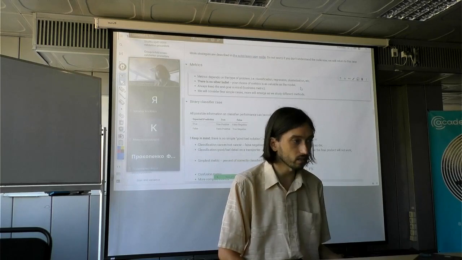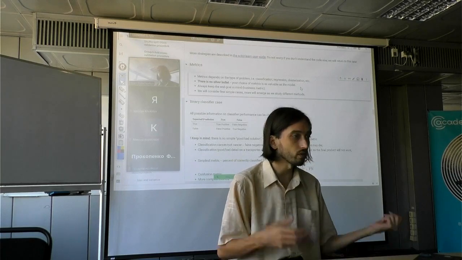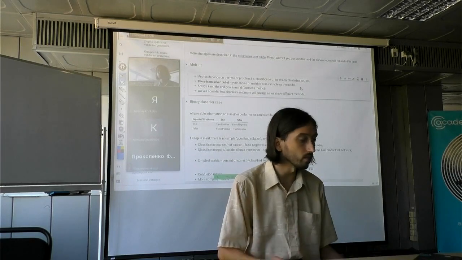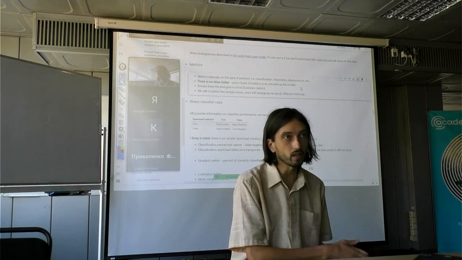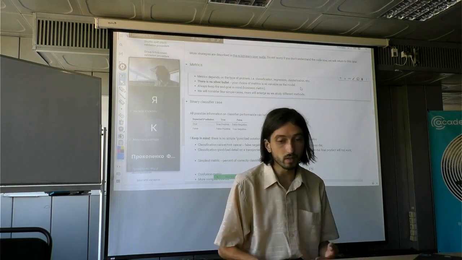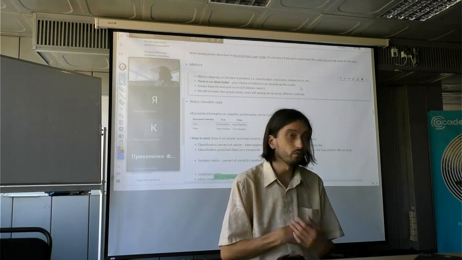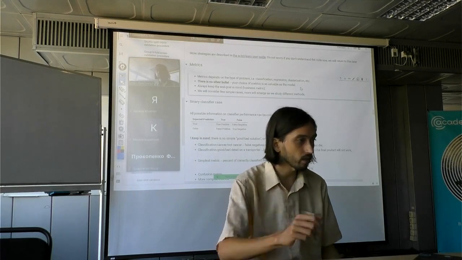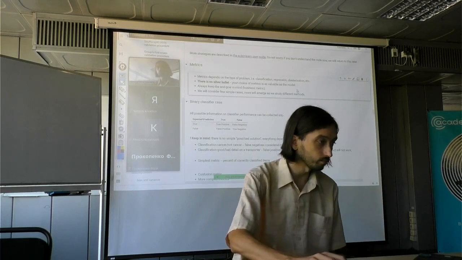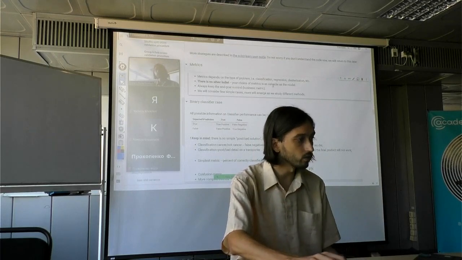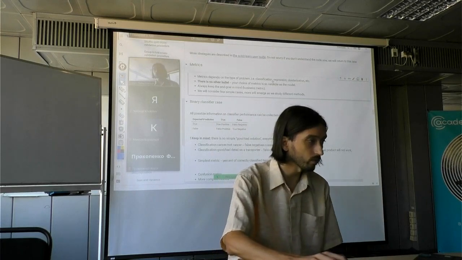For example, for neural networks, you are writing some sort of loss function, and if you don't write that loss function good enough for your problem, you wouldn't get the result you expect. So you need to find a good metric for your problem.